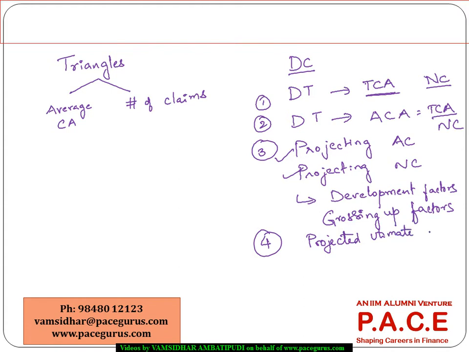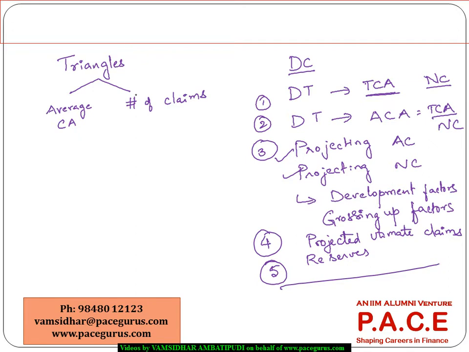Whatever we have got as projected average claims, I multiply with the number of claims for each of the years, and based on that we come up with the projected ultimate claims, and based on that we compute the results. So this is a typical mechanism of using the average cost per claim kind of method.